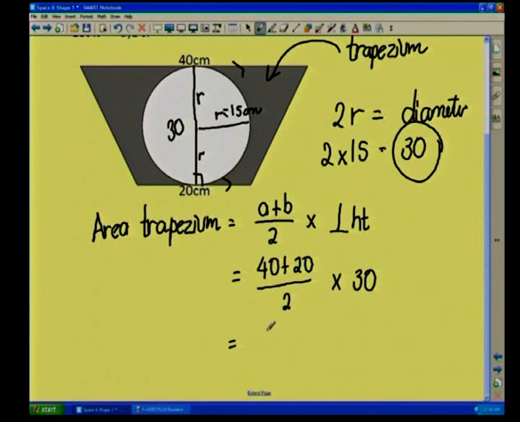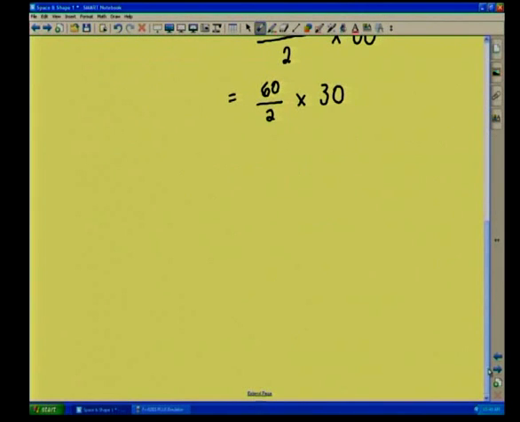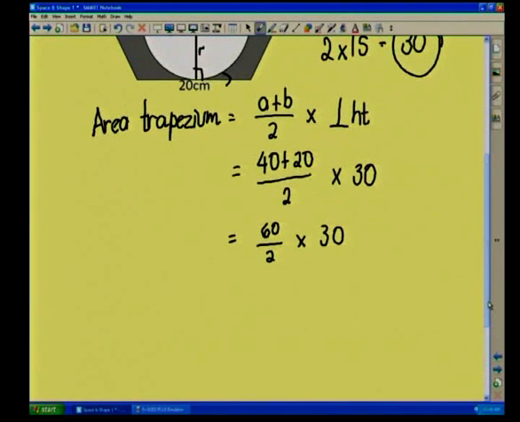40 plus 20 is 60 divided by 2 times 30. Running out of space here. 60 divided by 2 is 30 times 30 is equal to 900 centimeters squared.